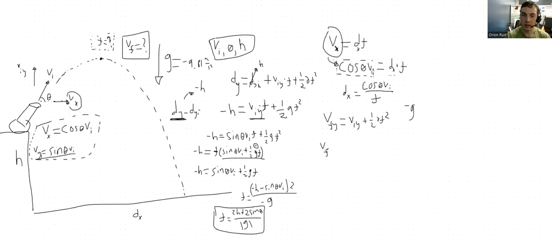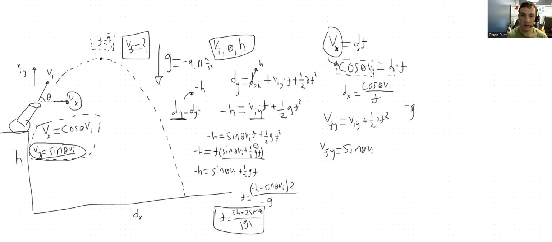Our final velocity in the y direction is what we're solving for. We can plug in our known, which is VIY, which is sine theta VI. Then we have, oh, excuse me, I totally messed this up.